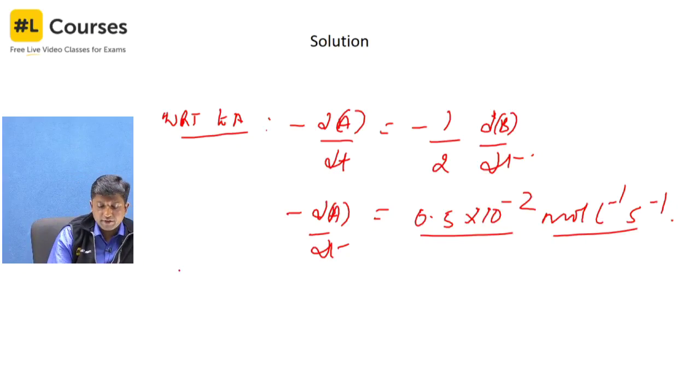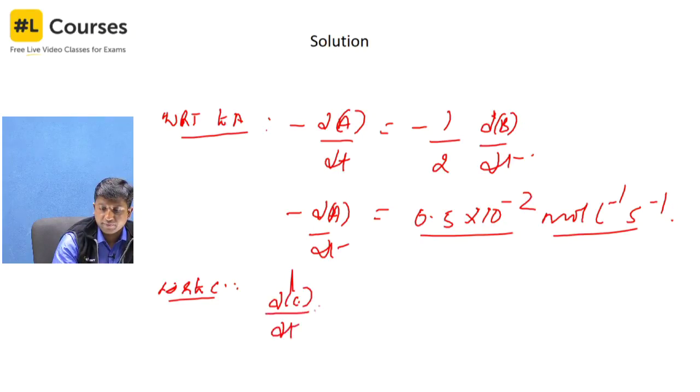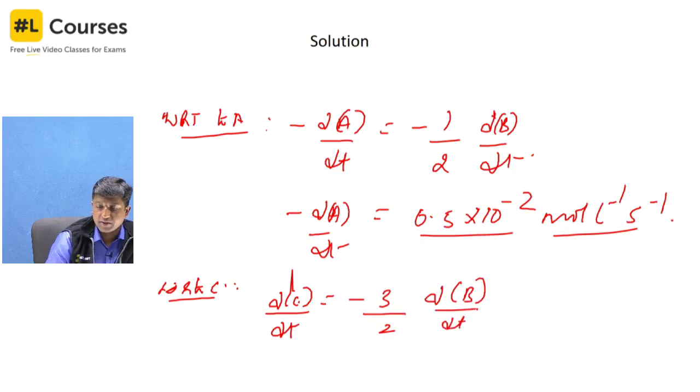Again, now we need to calculate the rate with respect to the concentration of C. Now, let us equate with respect to C and B. We can write with respect to C, that is the change in concentration of C will be equal to minus 3/2 into the rate of disappearance of B. Students, we are equating the equation with respect to C and B here.